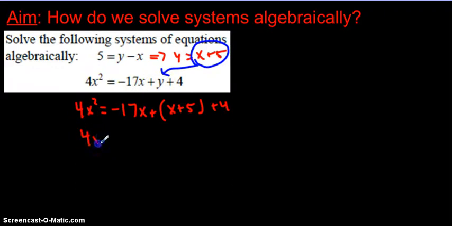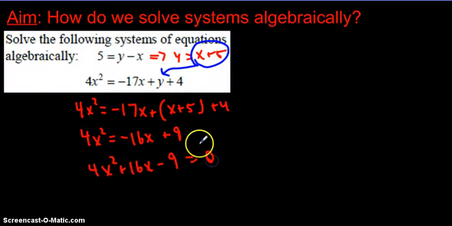So that's 4x squared equals negative 16x, that's this, plus 9. Alright, that'll then become 4x squared plus 16x minus 9 equals 0.